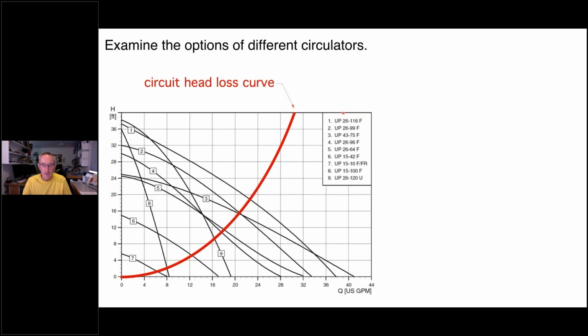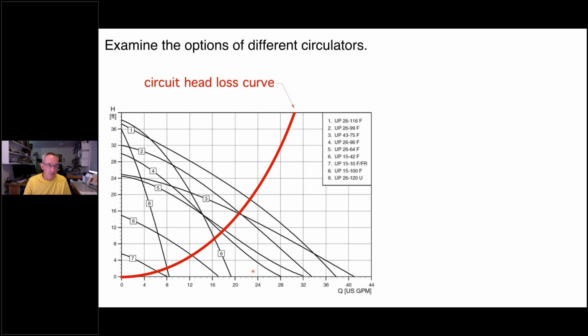So, for example, curve 1, UPS 26116, is a pretty high pump curve. But if that red curve represented the circuit head loss curve, I know if I put that circulator in, it's going to cross right here where I'm moving this little laser pointer around. If I drop straight down, I'm somewhere around 22 gallons per minute.